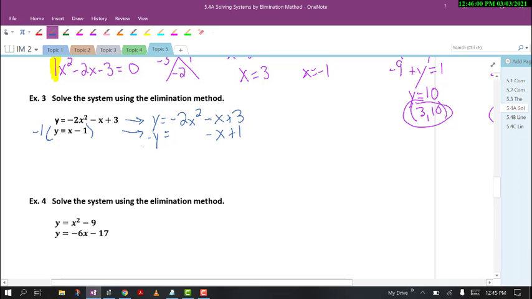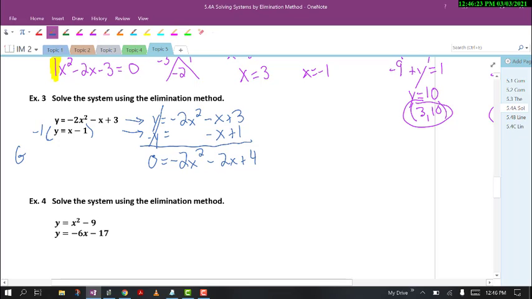Now we have positive 1. So again, when we add those, the y's cancel out, it equals 0, which is what we want anyways. Negative 2x squared is still there because there's no other x squared term to add. Negative x and negative x is negative 2x, and 3 and 1 is 4.